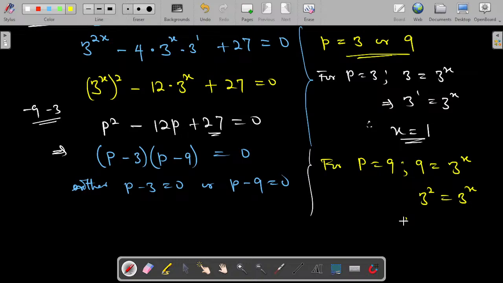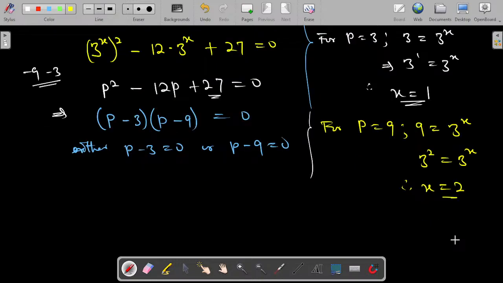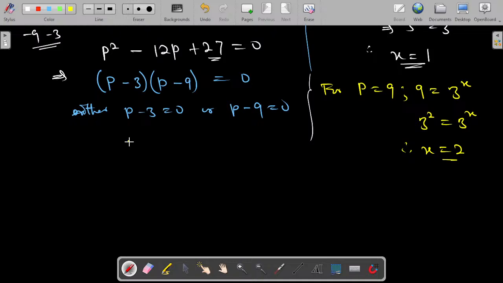And therefore, our x alone is equal to 2. So what it means is that for that equation which they asked us to solve, our x is equal to 1 or 2. And that is what they asked us to get. So we have gotten the value for x as 1 or 2.